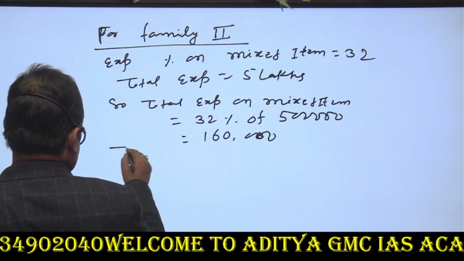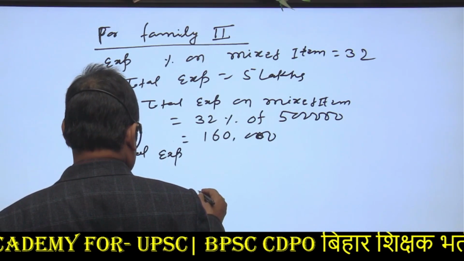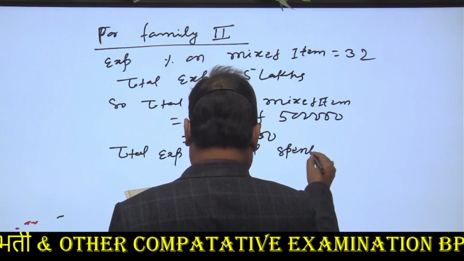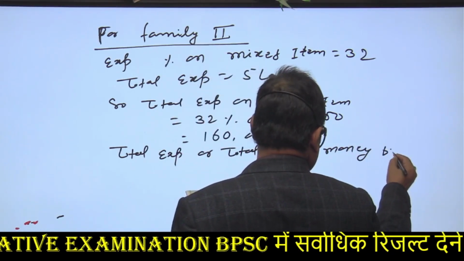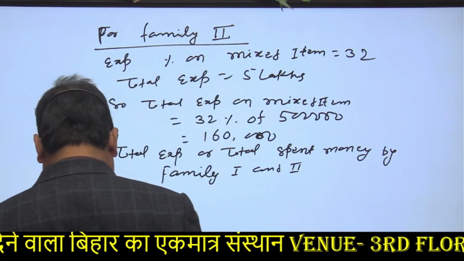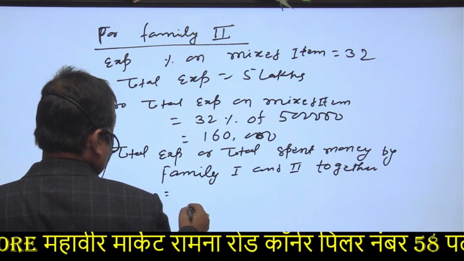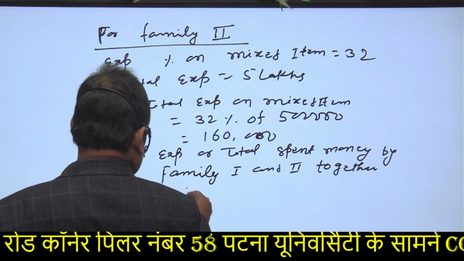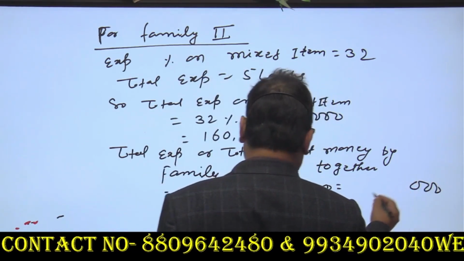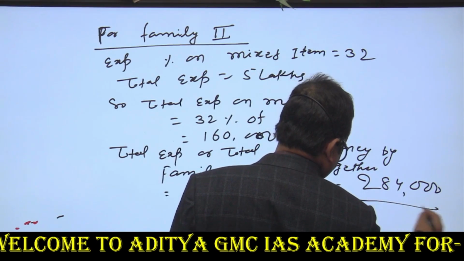For the last, total spent money by family 1 and 2 together equals 124,000 plus 160,000 equals 284,000. This is the required answer.